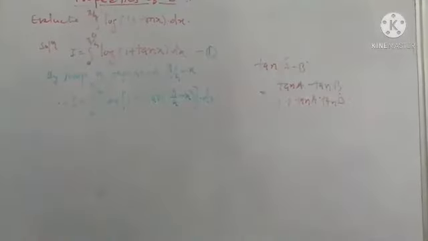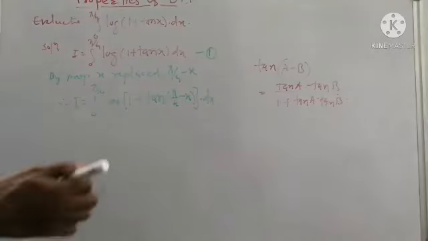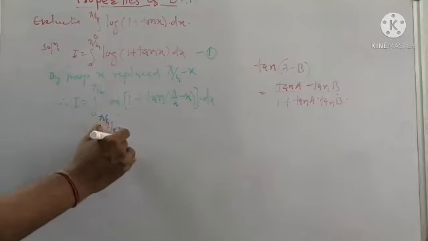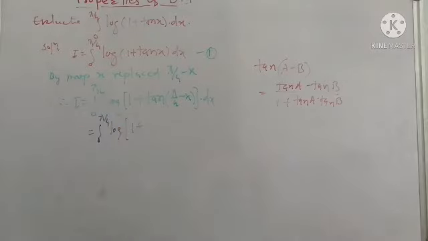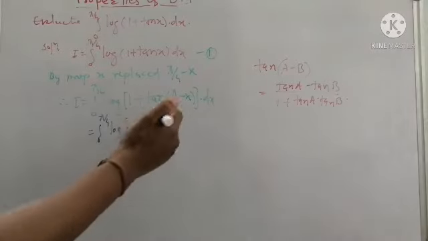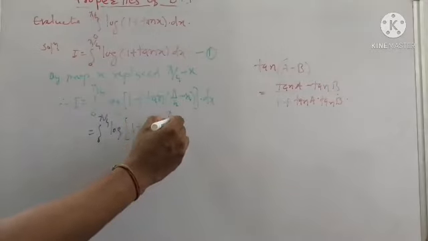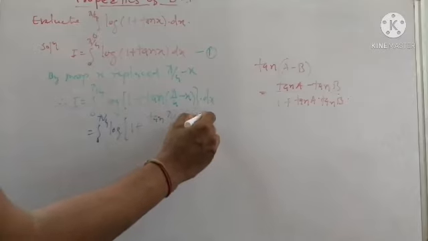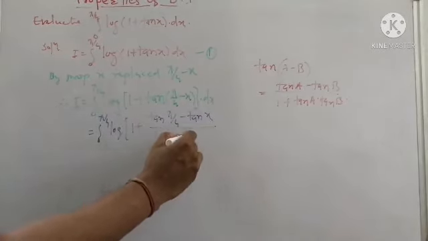Remember this form, and using this form we can use trigonometric simplification. As we know, the limit 0 to pi by 4 is given log of bracket 1 plus, here a is pi by 4, that means the first angle is pi by 4 and b is x. So we take the tan ratio of both angles, tan of pi by 4 and tan of x, and subtract them in the numerator, and in the denominator we take 1 plus the multiplication of both tan ratios.